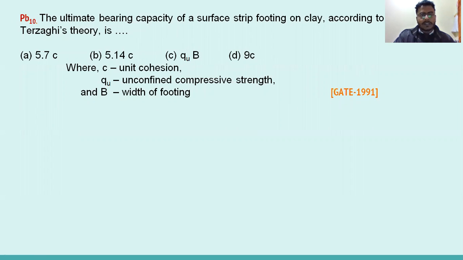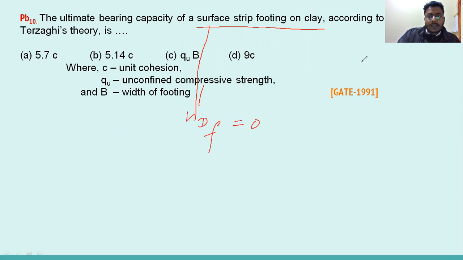This is, I think, the last question for this lecture. The ultimate bearing capacity of a surface strip footing on clay. See, surface strip footing: surface means DF is equal to 0.